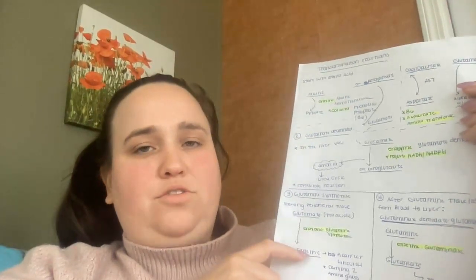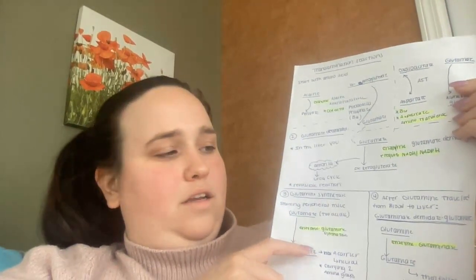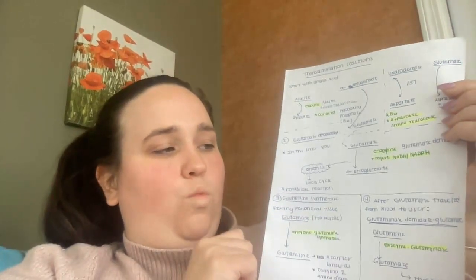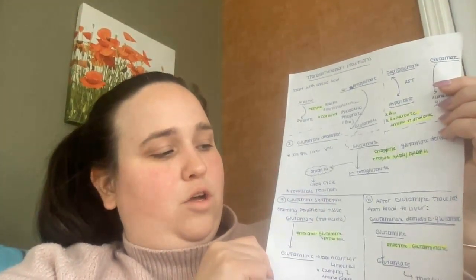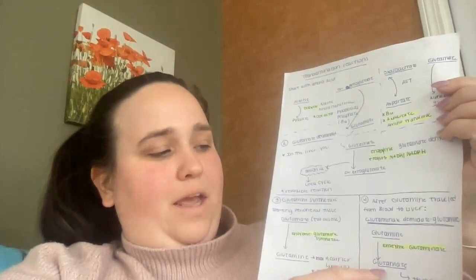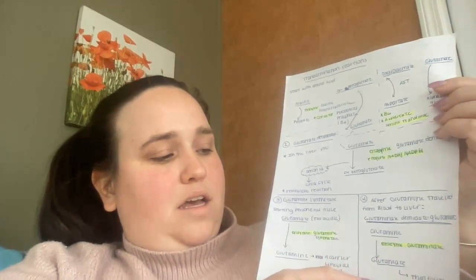Once glutamine travels through the blood, it arrives at the liver. Once at the liver, the glutamine gets converted back to glutamate. This is done by the enzyme glutaminase.